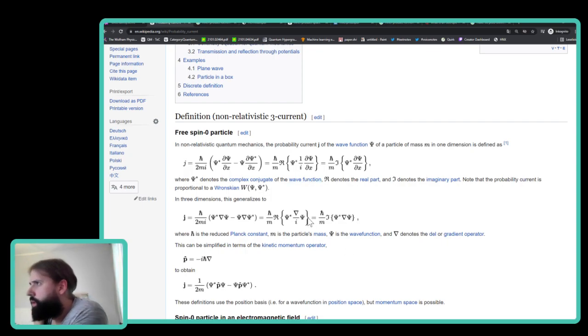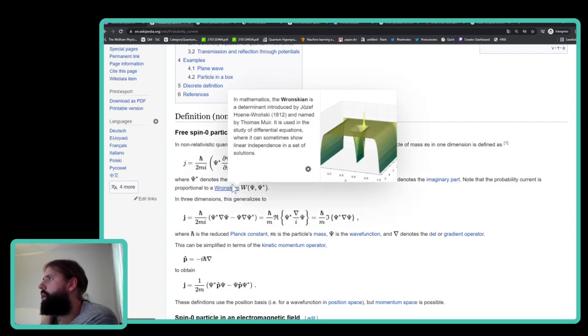Okay, so the imaginary part. No, the probability current is proportional to a Wronskian, whatever that is.